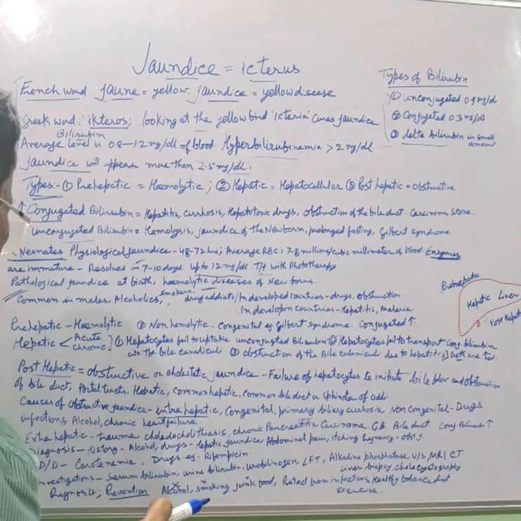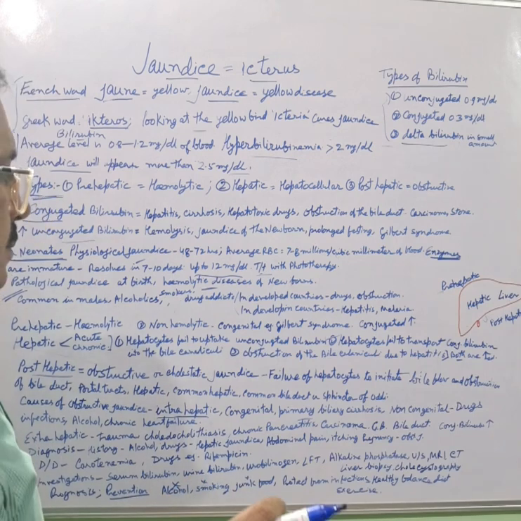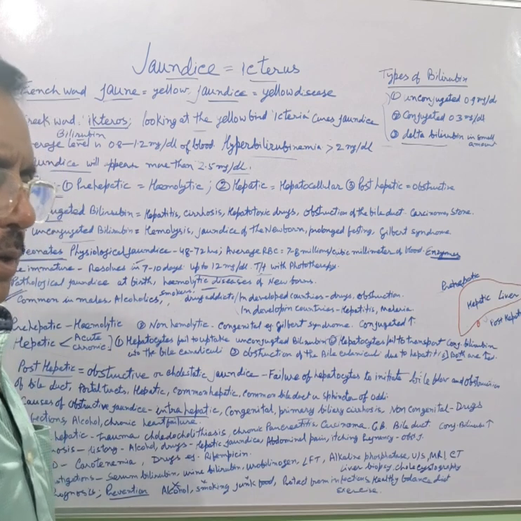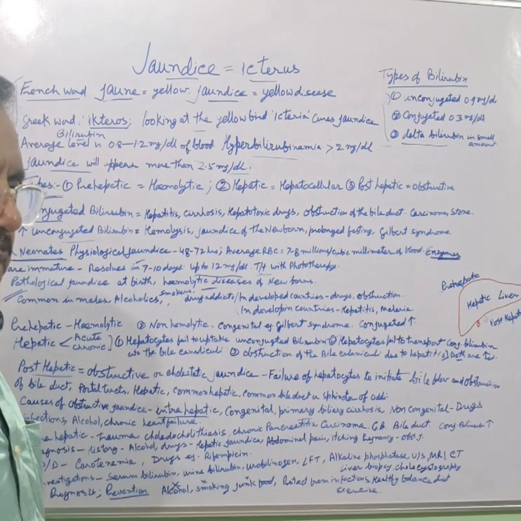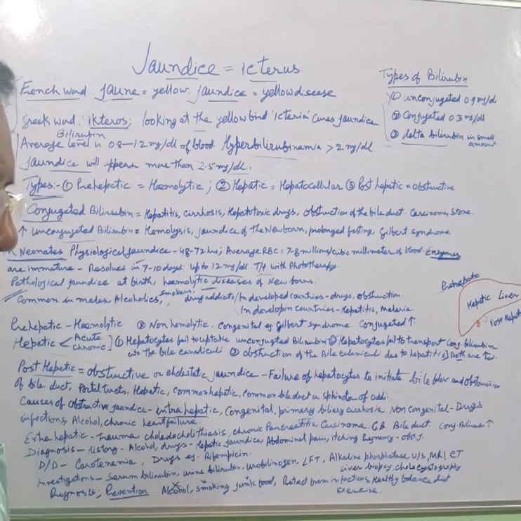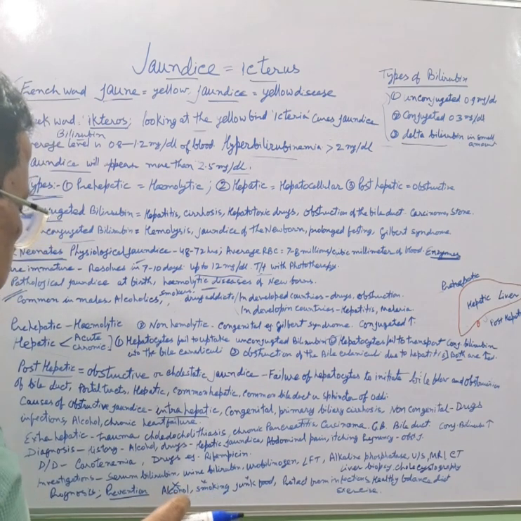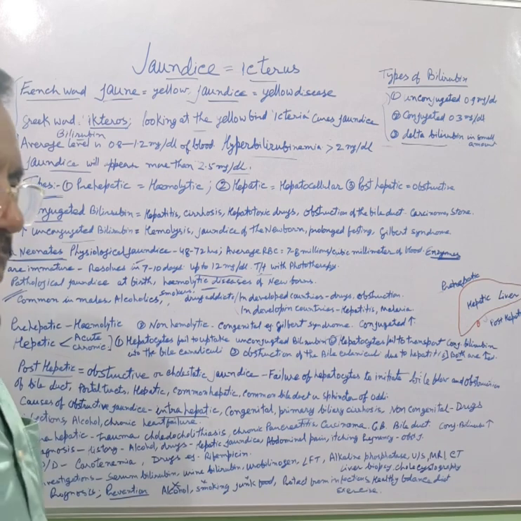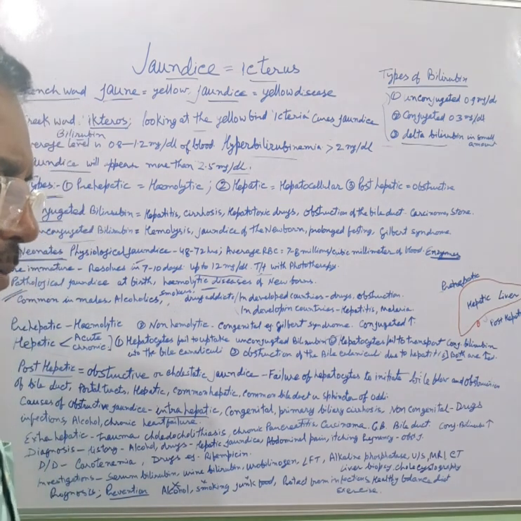Now, what are the signs and symptoms of jaundice? Yellow discoloration of skin and mucosa. First it will appear in the eye, and then when it develops, it will appear in the whole body. Lethargy, loss of appetite, weakness, and abdominal pain are present in some cases.